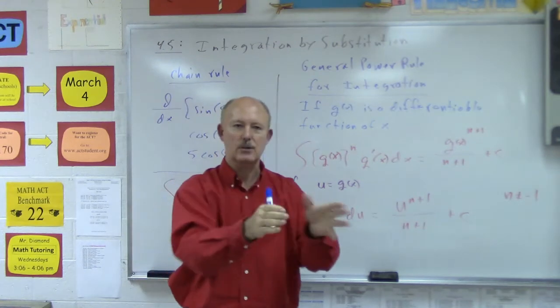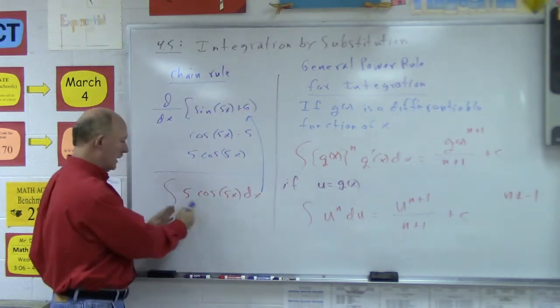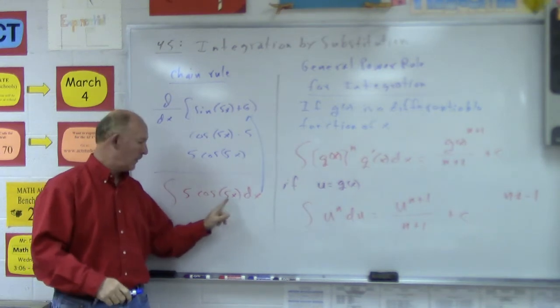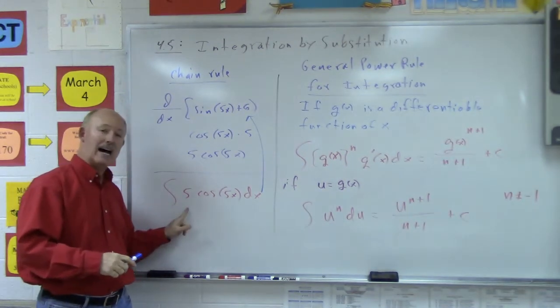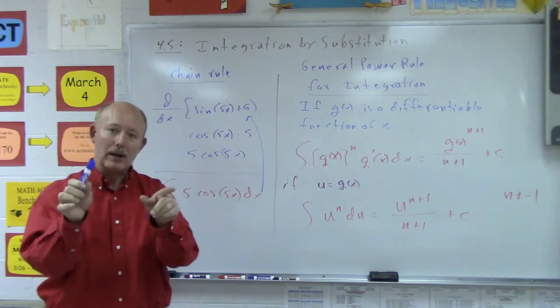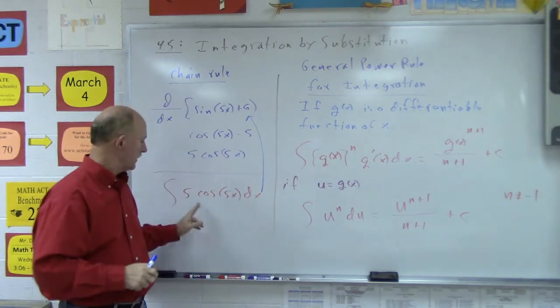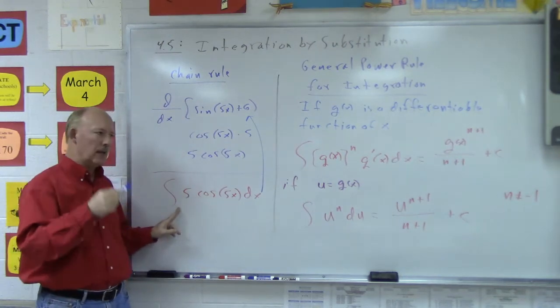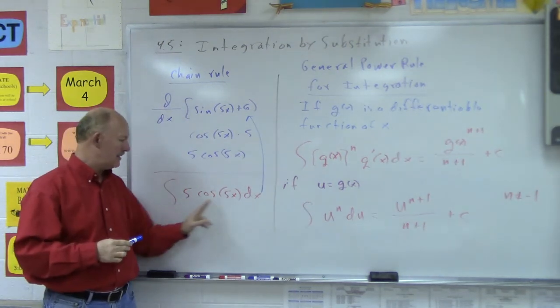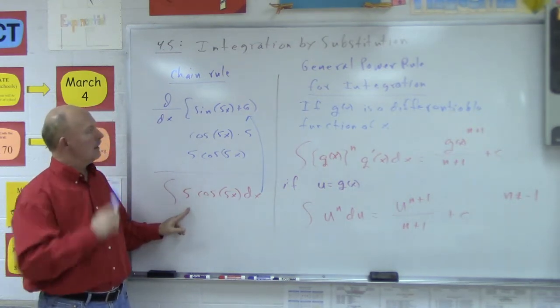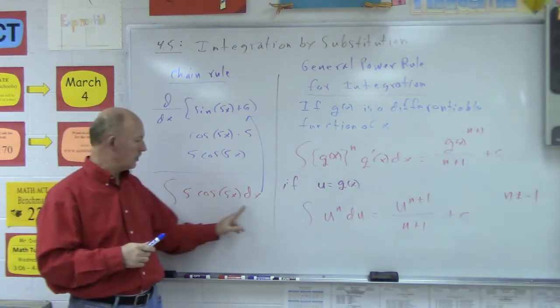Like in 5 cosine 5x, the derivative of 5x is 5, so I can see the derivative of the inside part of that function within the integral. So this is a problem we could definitely integrate using the substitution method.